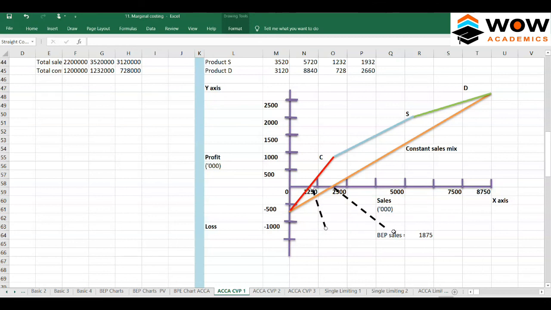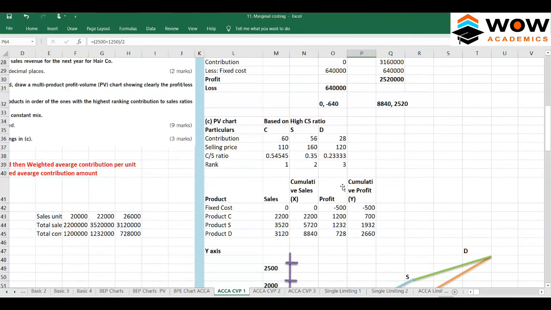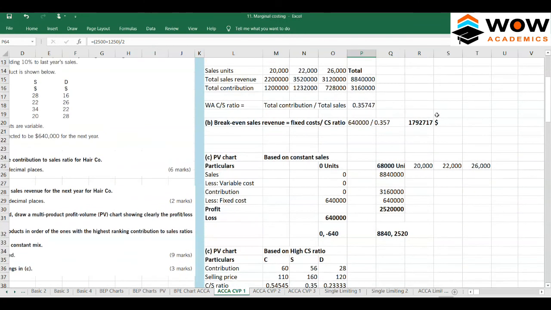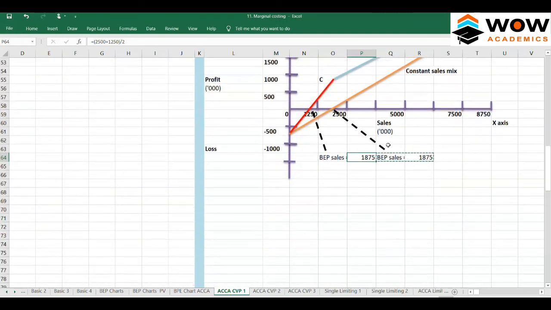So if you see, the break-even sales would actually be quite a bit less. See, here the break-even sales has been 1875. If you use this one, the break-even would be much lower. So let's see the constant mix. What was the break-even point? 1800.